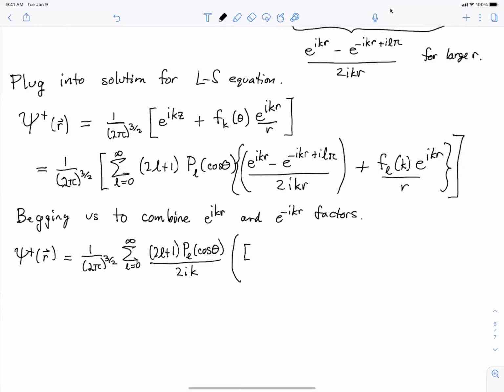And so one factor is 1 plus 2ik f_l of k. Those are the coefficients we would like to find. That's multiplied by e to the ikr over r. And so that's an outgoing wave. And then there's a factor of e to the il pi. That's just some phase factor times an incoming wave, e to the minus ikr over r.